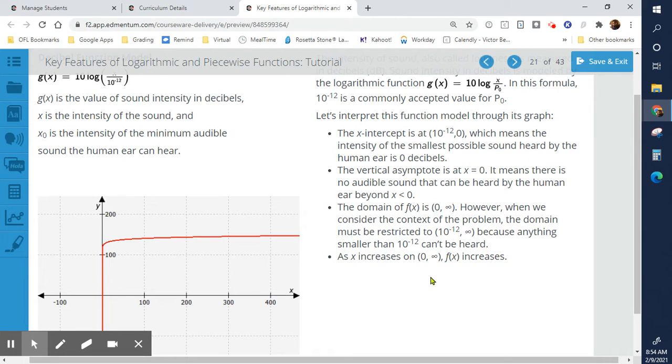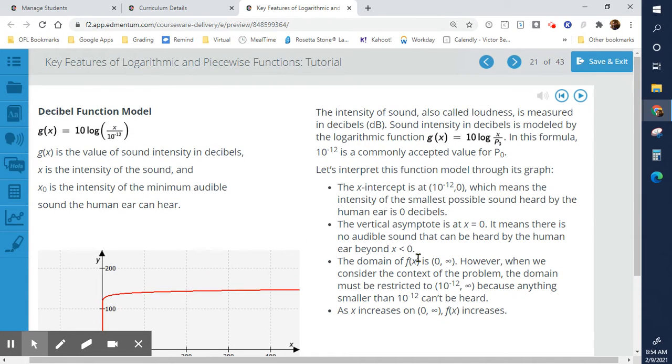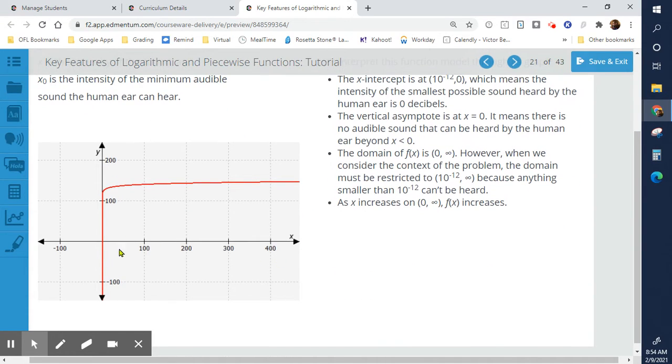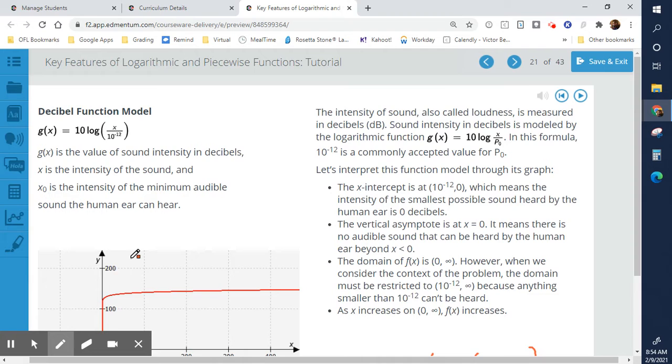I don't think they measure, do they? They don't even mention the intercept here. But I believe the intercept would technically be 10 because we're multiplying it by 10. But you wouldn't be able to see it because we're talking about numbers so big that there's only a small window where you would see that x-intercept is 10. So what happens is we would get the log of something over, what variable do they use?